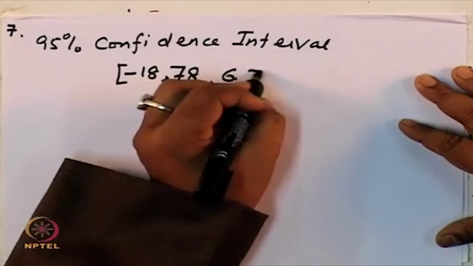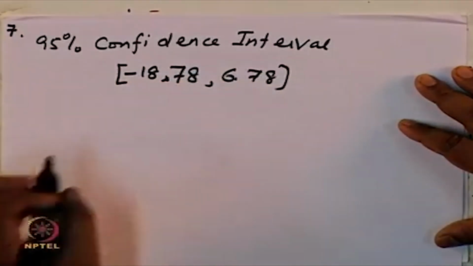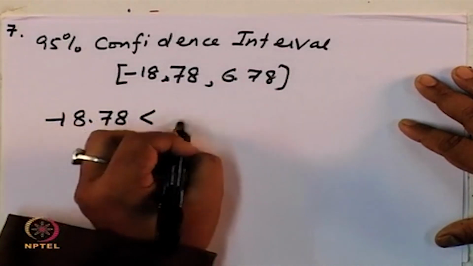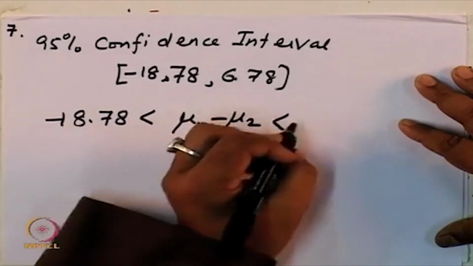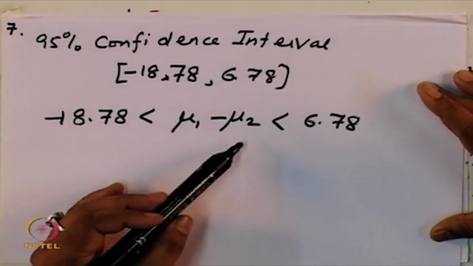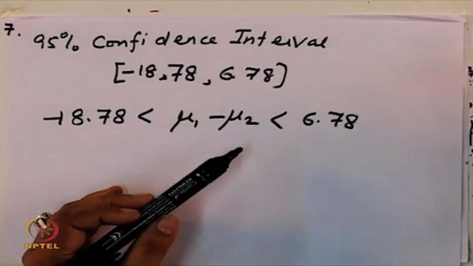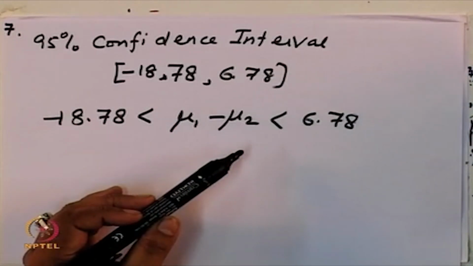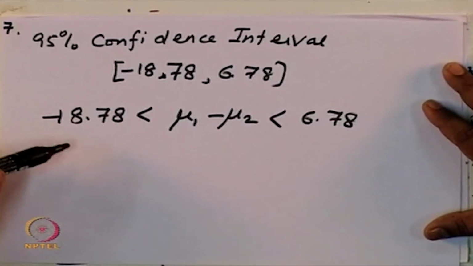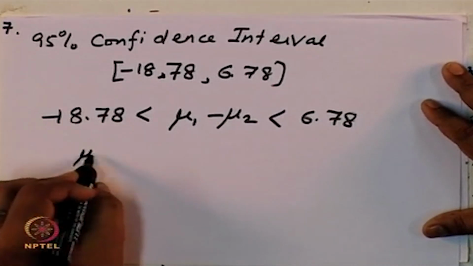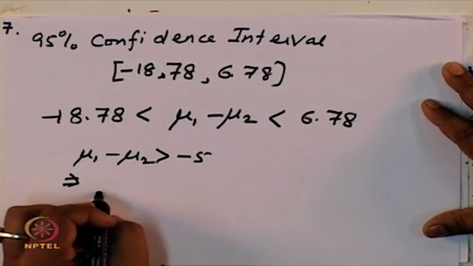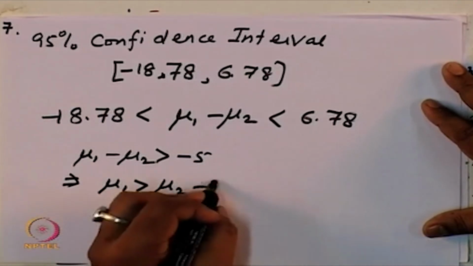and 6.78. So, what this means is minus 18.78 less than mu 1 minus mu 2 less than 6.78. If mu 1 equal to mu 2 was there, then you would have concluded that there is no difference in the average intake of dairy products by men versus women. If it is greater than negative, then there is a possibility that mu 1 minus mu 2 is greater than, let us say, minus 5, implying mu 1 is greater than mu 2 minus 5.